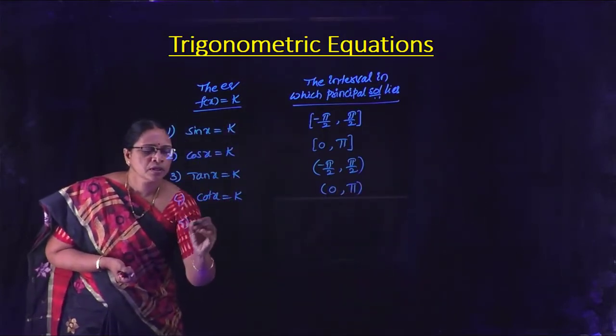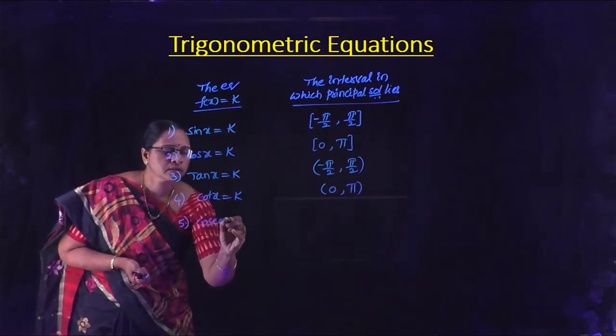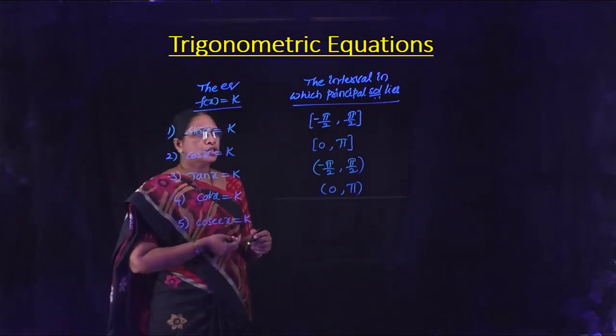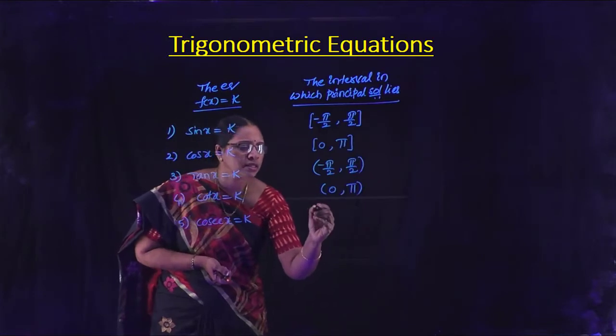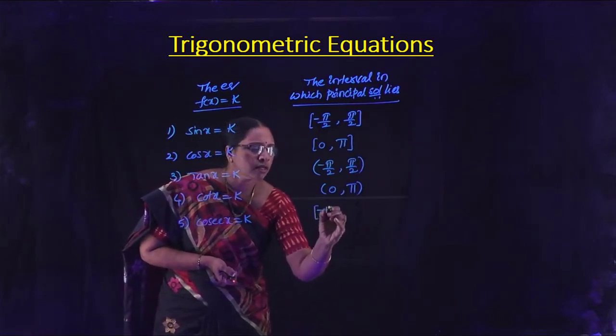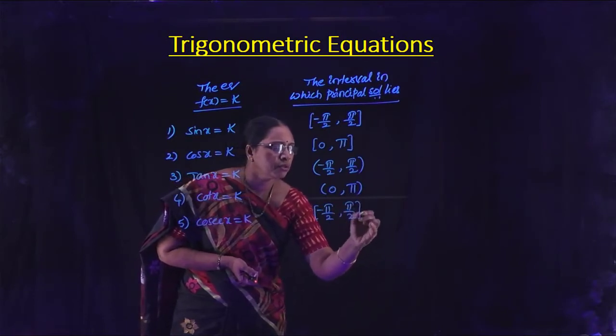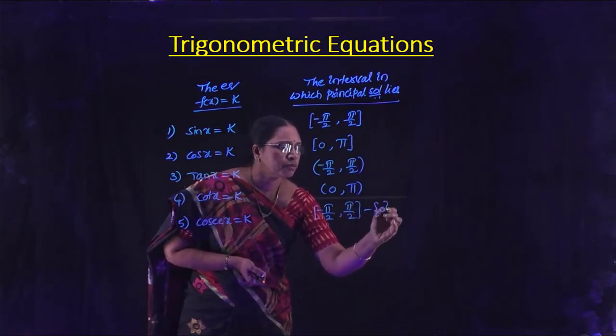Fifth one, cosecant x equal to k. The interval in which the principal solution lies is the closed interval minus pi by 2 comma plus pi by 2 minus 0.